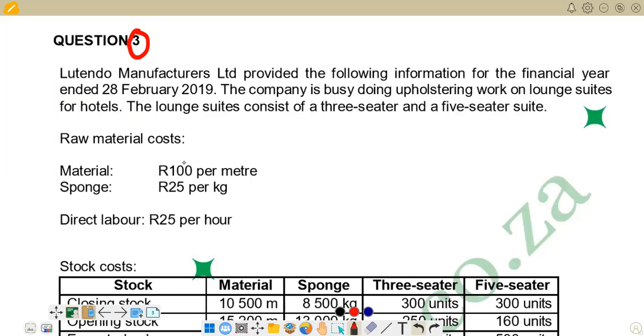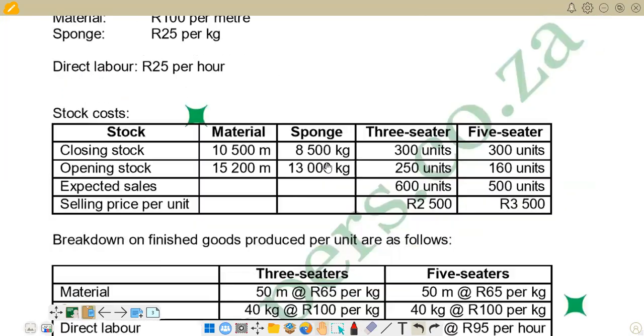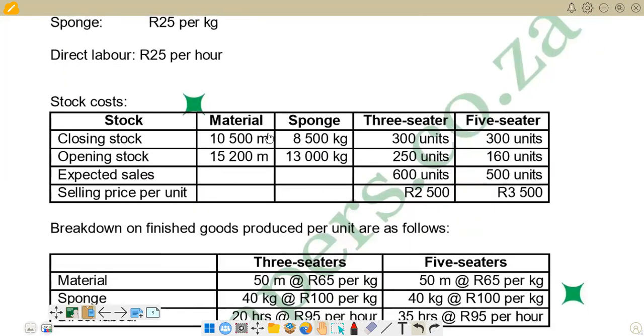Raw material cost, we have got material, which is 100 rands per meter, sponge 25 rand per kg, direct labor 25 rand per hour. Beneath that, we are given stock costs, whereby we have a column for stock material, sponge, 3-seater and 5-seater. For the rows, we have closing stock, opening stock, expected sales, and then selling price per unit.